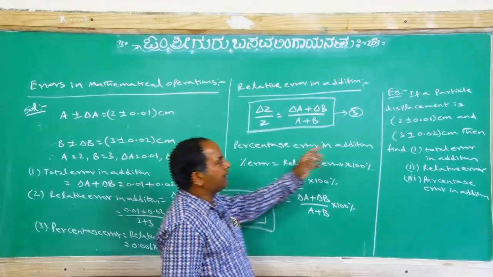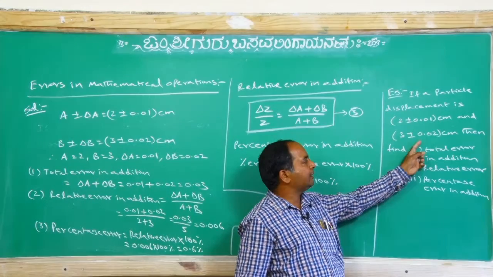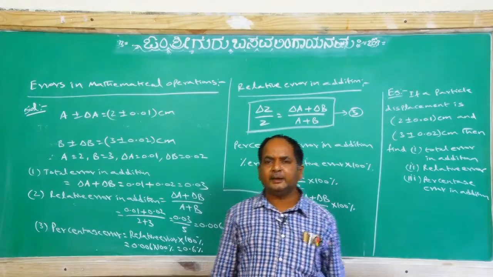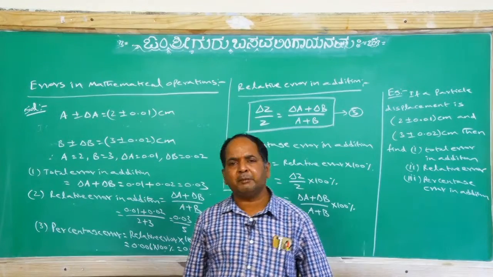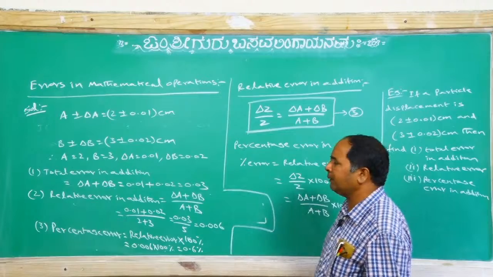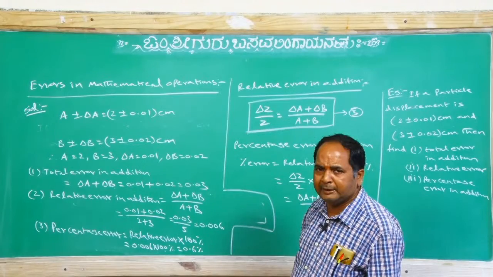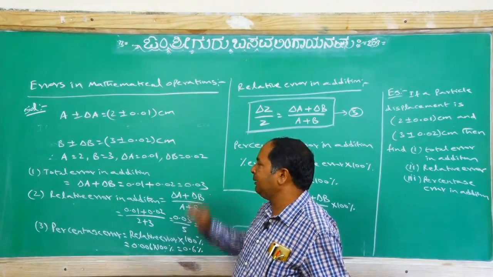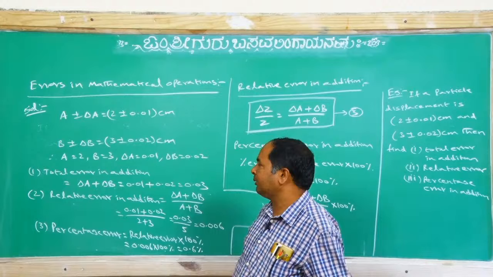If a particle's displacements, 2 displacements are there. So A plus or minus delta A is equal to 2 plus or minus 0.01 centimeter. B plus or minus delta B is equal to 3 plus or minus 0.02 centimeter.